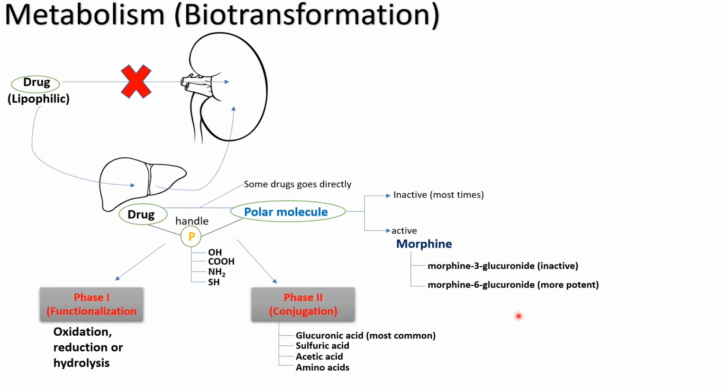Okay. Do you remember when we mentioned in our first lecture that our drugs' names have a history or a story behind them? Our drug morphine is one of these drugs. Morphine is a drug that treats pain. It is of plant origin.